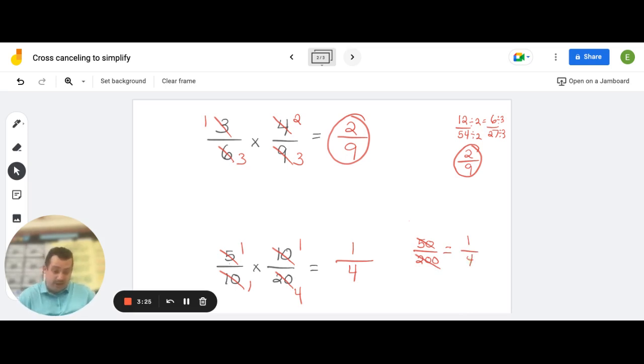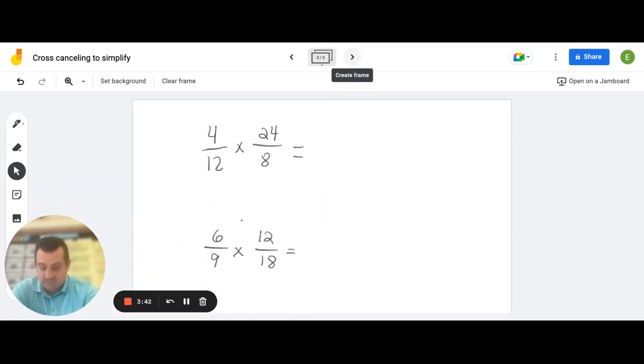So you will get the same answer if you cross-cancel in the beginning or if you simplify at the end. Remember, you won't always be able to cross-cancel. Here I'm giving all the examples where you can cross-cancel, then I'll throw in one where you can't.